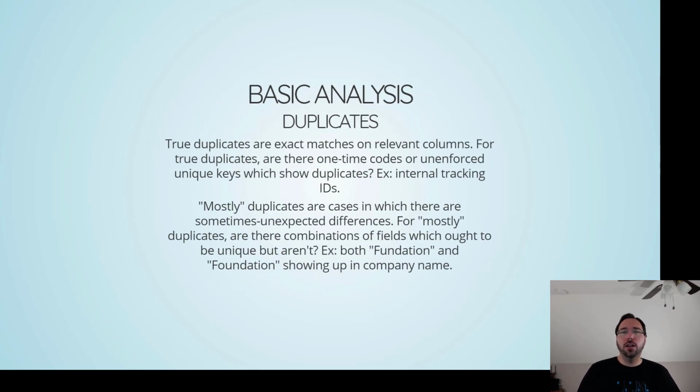Let's move on and talk a little bit about duplicate values. Now, there are a couple of different types of duplicates that I want to cover here. The first type is true duplicates, where you have two rows that have exactly the same sets of columns. They have the same values. Ideally, you don't have any of those in a table because how would you know which one is which?